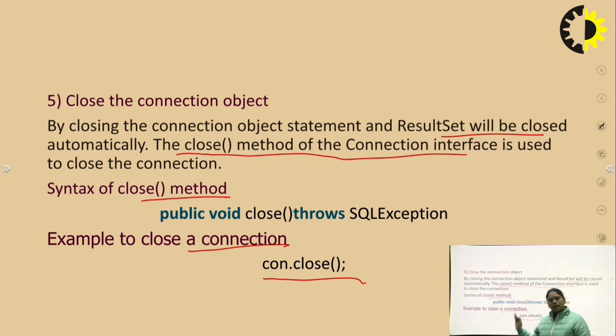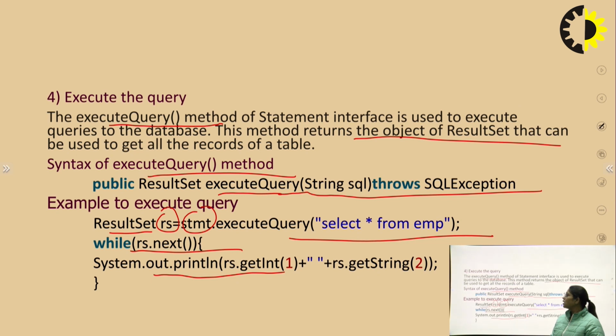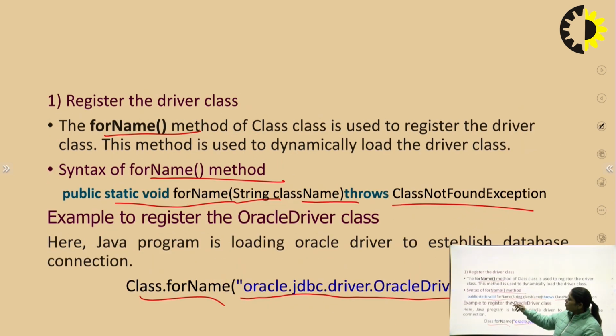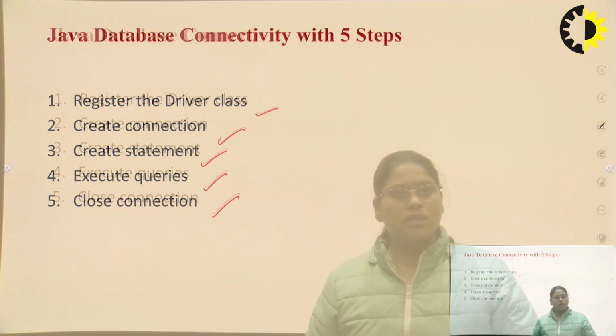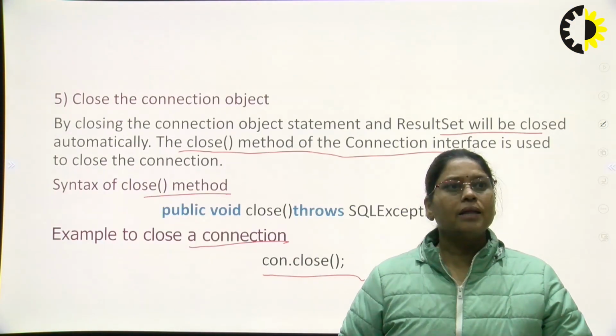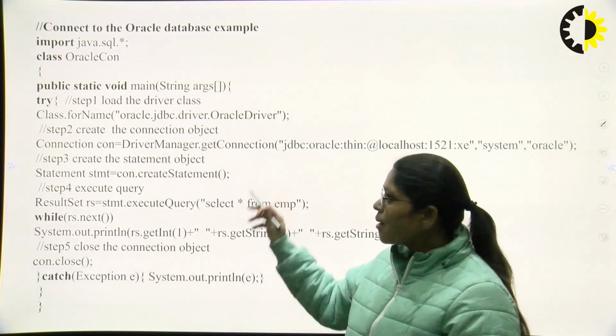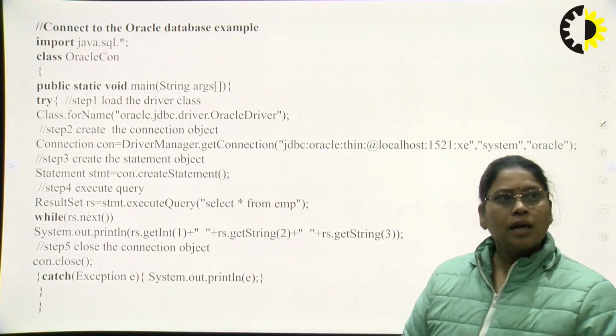So, understood how many steps we follow for JDBC connectivity. Basically these 5 steps are taken for JDBC connectivity, and this is just a simple example of how we can create the connection.